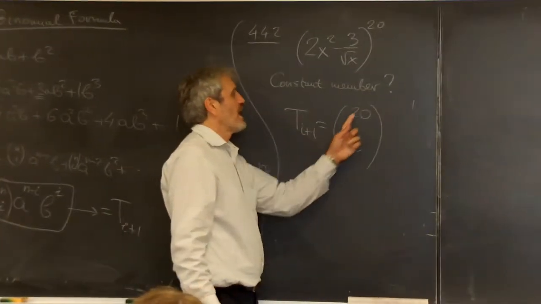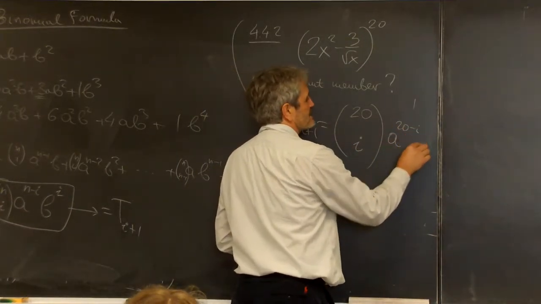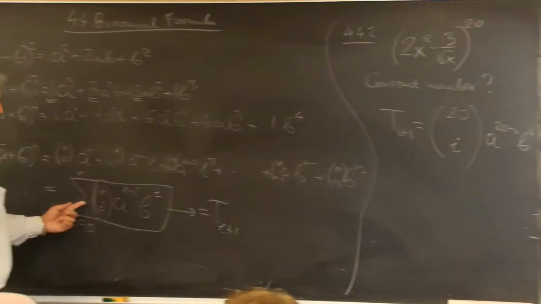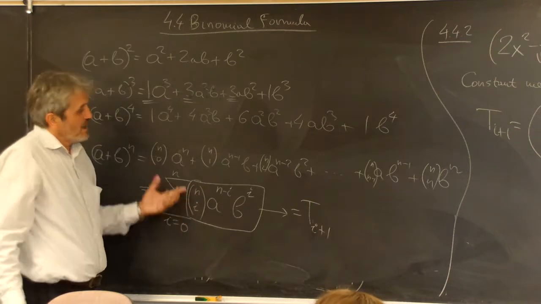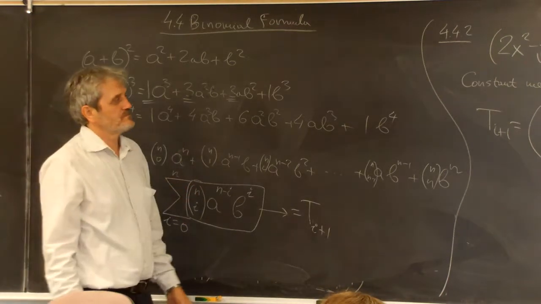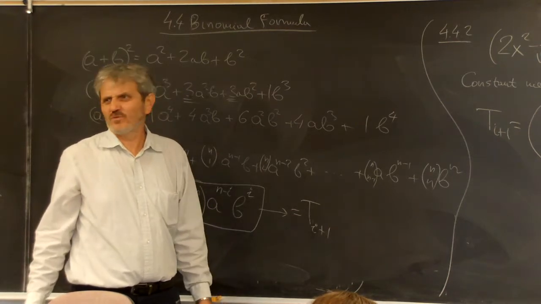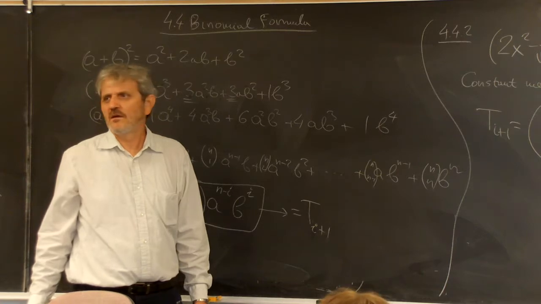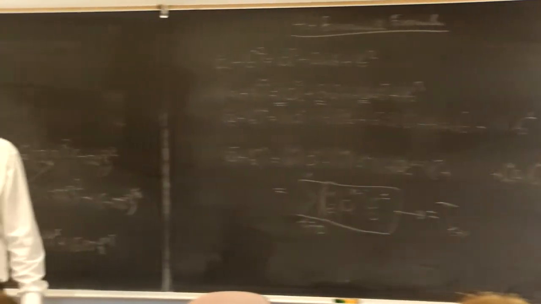So T sub i plus 1 is 20 choose i, a to the 20 minus i, b to the i. I just call this formula with a special case, n equals 20, and i undisclosed. Then what do I do? What do you normally do in math? Do you understand the start or is something confusing? Go ahead. What's bothering you? I plus 1.